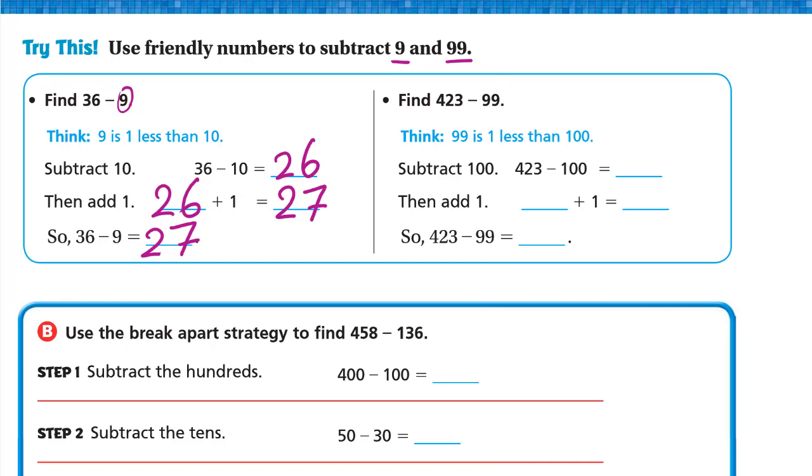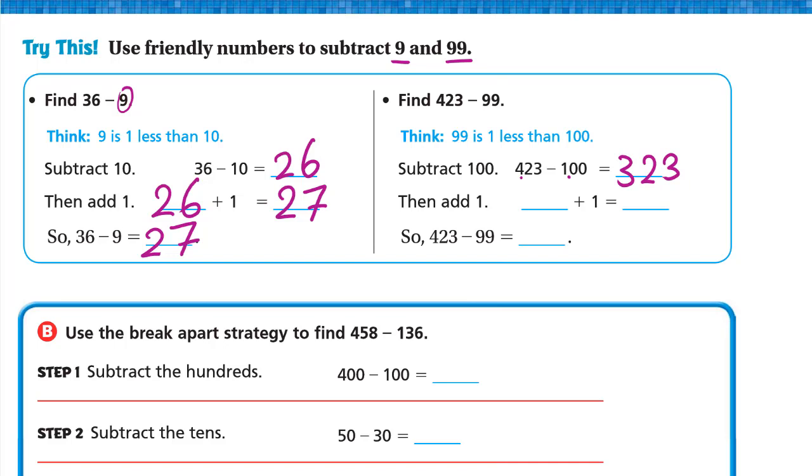Okay, let's do the same for subtracting 99. So 423 minus 99. 99 is really close to 100. Just 1 to the 100. So we'll subtract 100. So 423 minus 100, we will subtract 1 from the hundreds only. So we'll have 323.